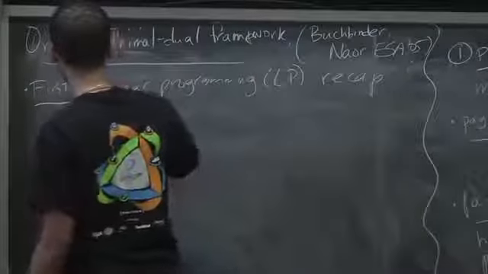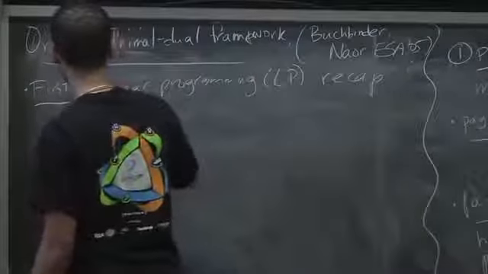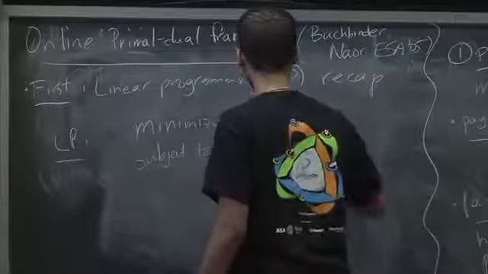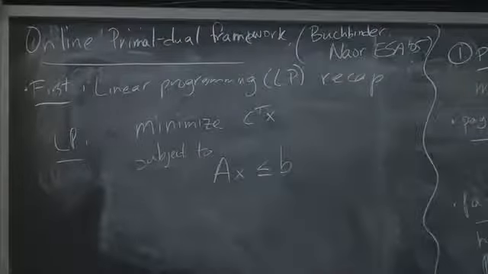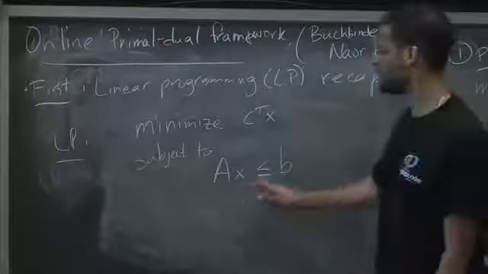So an LP looks like: minimize a linear function of x, so c dot x. c is a vector, x is a vector. Subject to some linear constraints, subject to Ax is less than or equal to b. A is a matrix, b is a vector, and x is non-negative.